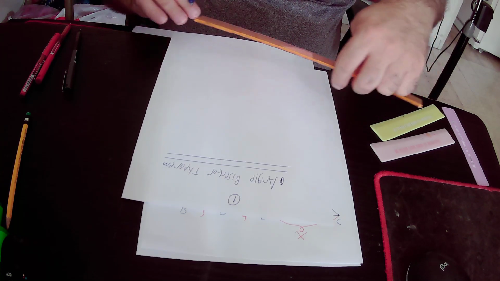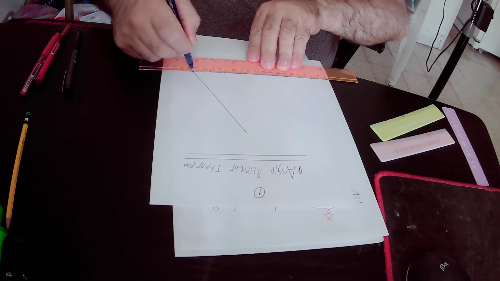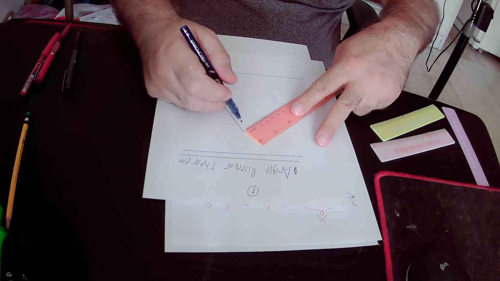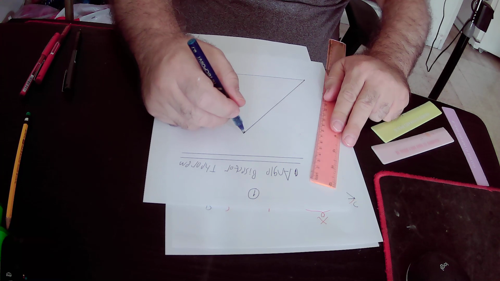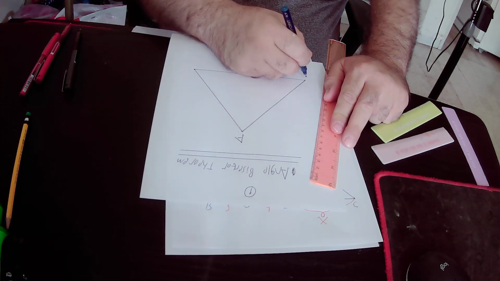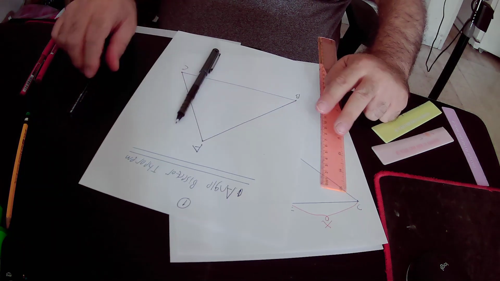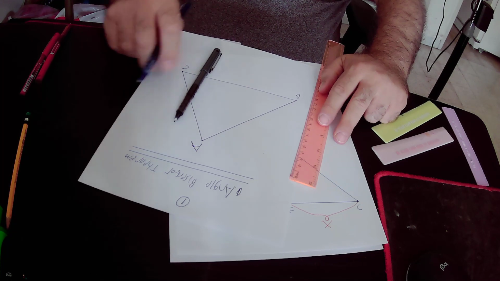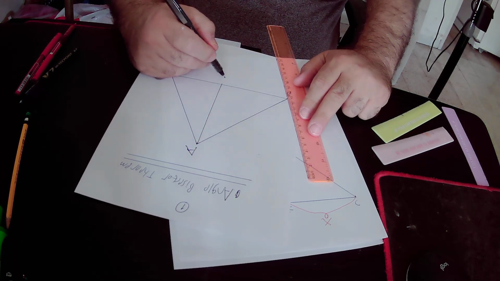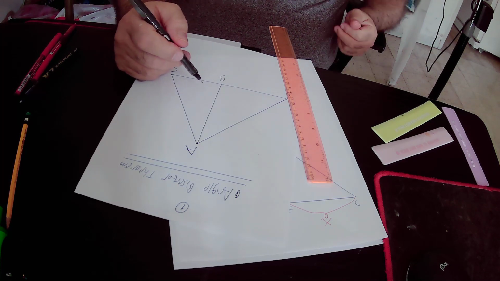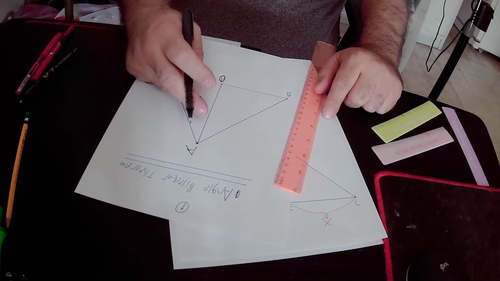Actually, if we have triangle ABC, and AD is an angle bisector in triangle ABC, that is to say, AD divides angle BAC into two equal parts.